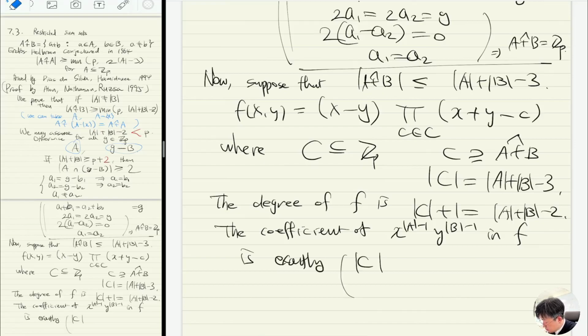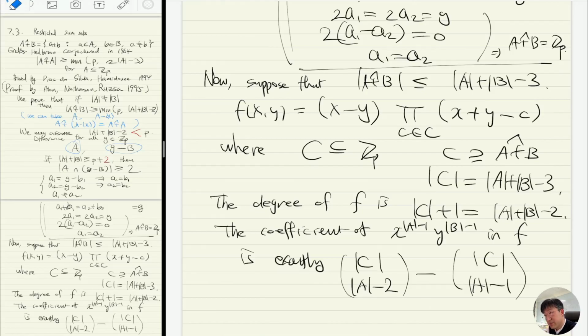So we need to choose... I mean, it could be that we choose a minus 2 from x, so x to the a minus 2 and then multiply by x. Or we could choose a minus 1 for x and then multiply by y, right?